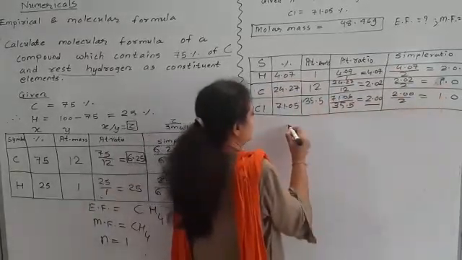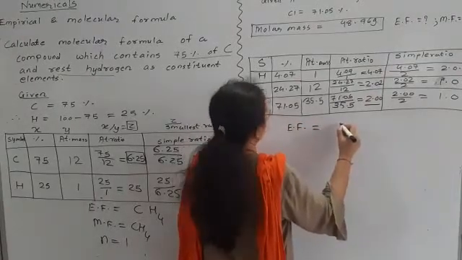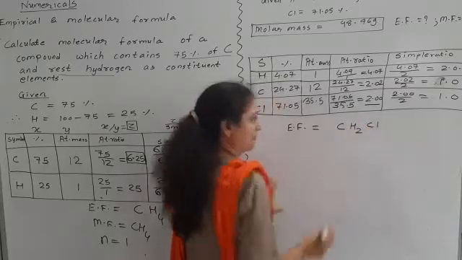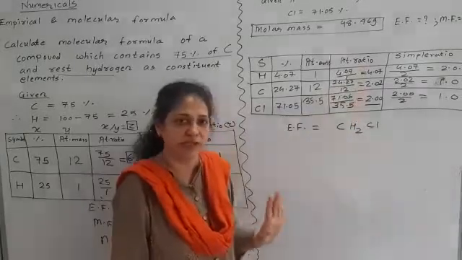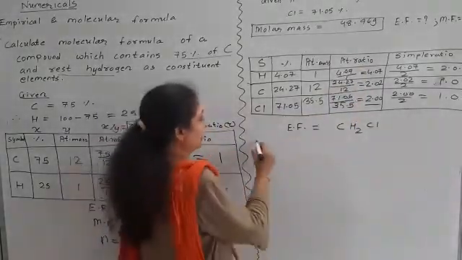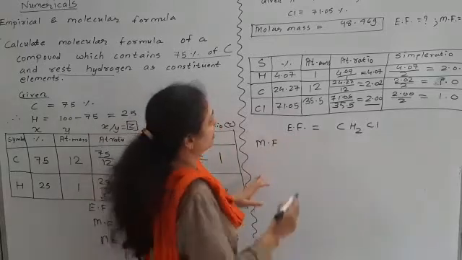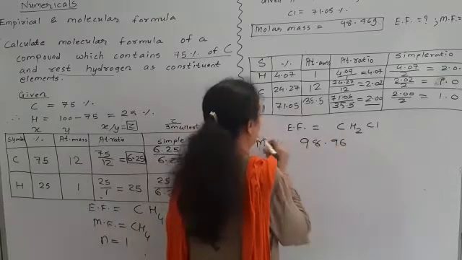So its empirical formula is CH2Cl. This is my empirical formula obtained from the table. Now calculation of molecular formula is next. Molecular formula mass is given as 98.96.